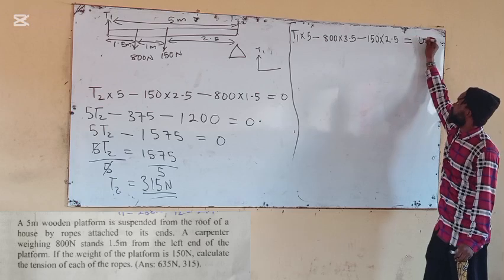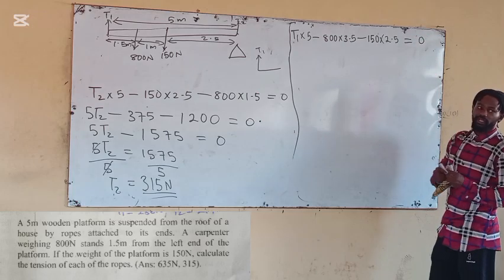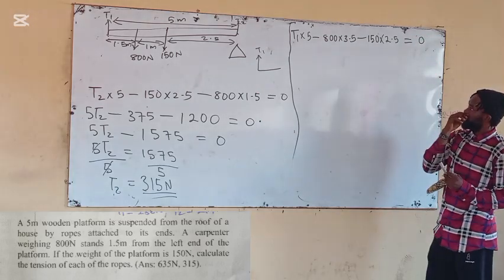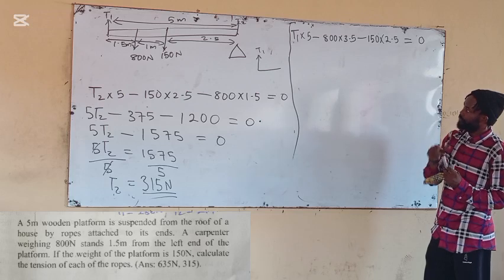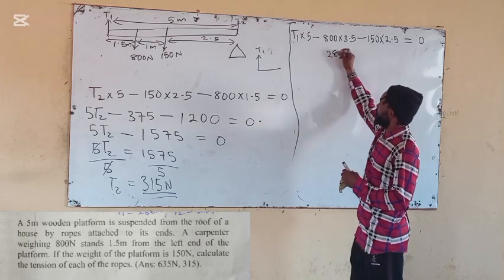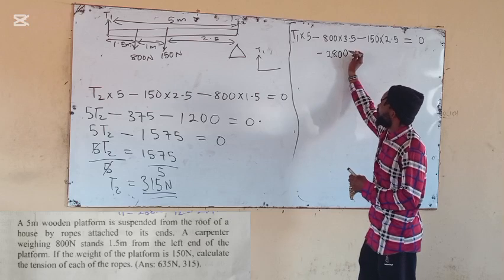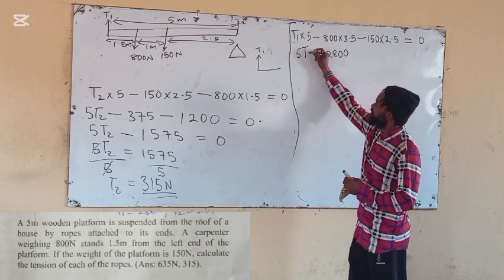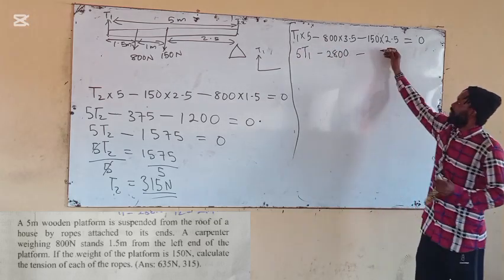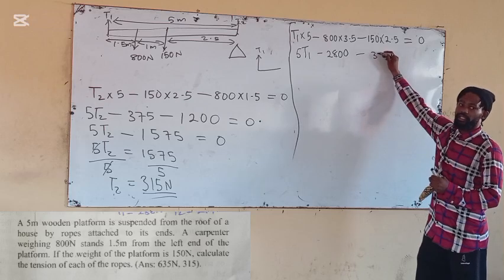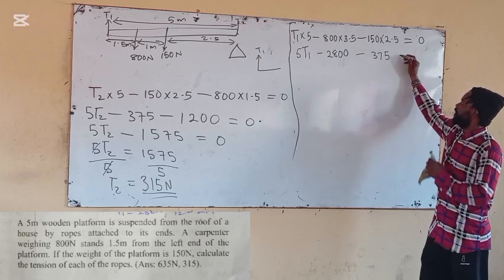No. Equals to 0. We will do for me 800 times 3.5. What do you have? 5T1 minus 2,800. Yes. Okay. Minus 375 times 2.5, like this.